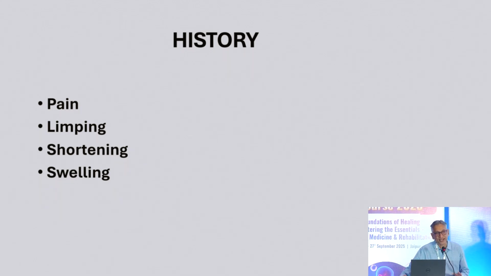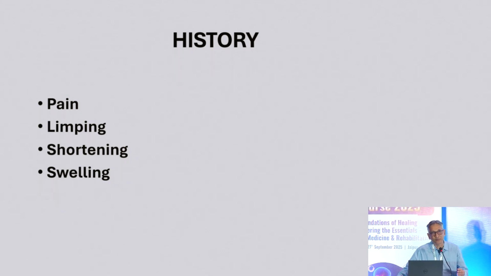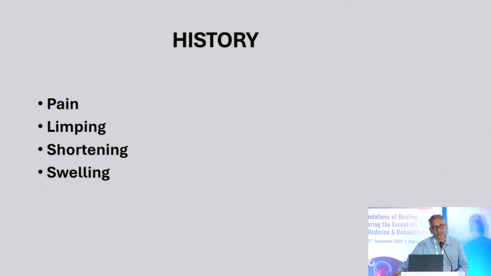The characteristic of pain is also very important, whether it is inflammatory or degenerative. Pain that is more at night, and early morning pain and stiffness, is typical of inflammatory arthritis. Night pains also, you should be very careful when the patient complains of night pains.